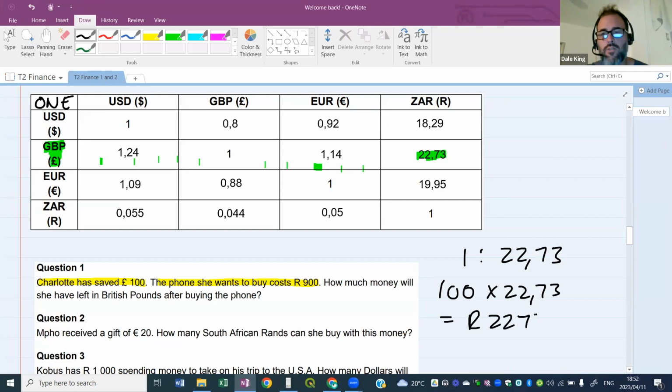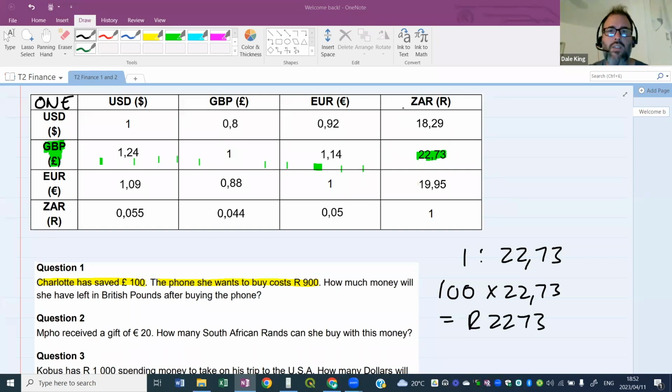So she's got more than enough money. The phone's 900 rand. Her £100 gets her 2,273 rand. Then how much money will she have left over? She can afford this phone because she's got 2,273 rand if she's got £100.